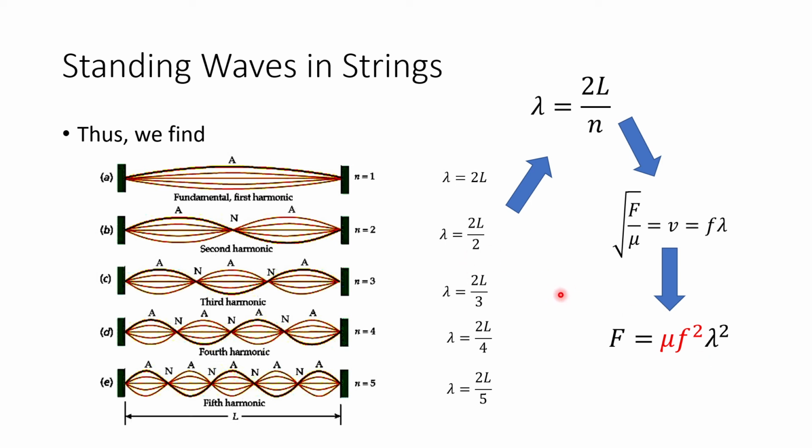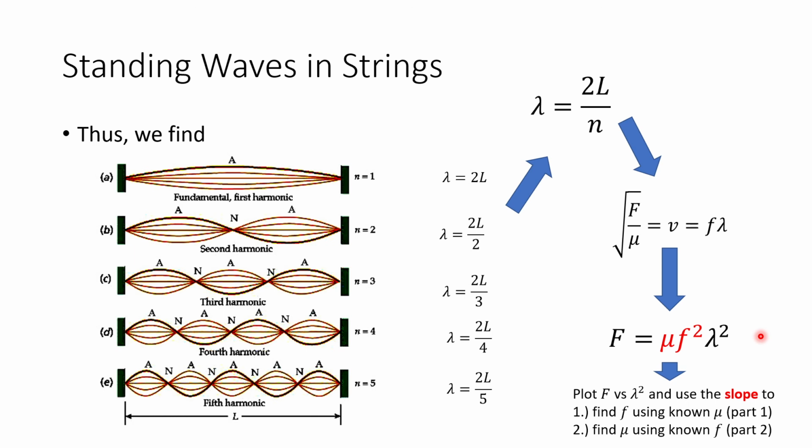So here, if you change the force and you change the lambda, you can actually use the relation between the force that's being pulled on the entire system with the lambda squared, which you can calculate using this formula. You can find the mu or the frequency of the wave that's inside here by using this relation. So once you plot the relationship between the force and the lambda squared, you can actually use the slope labeled in red here to do two things.